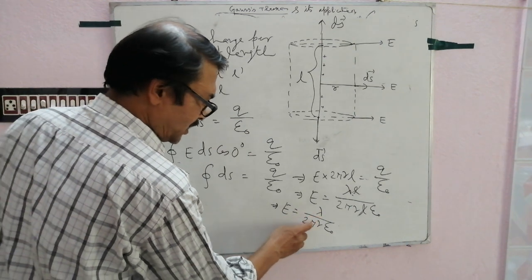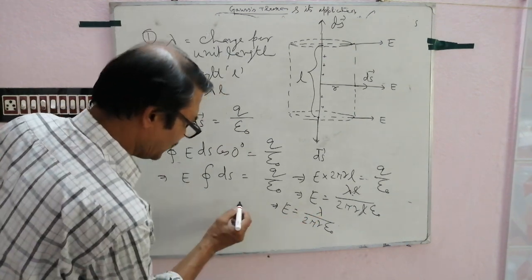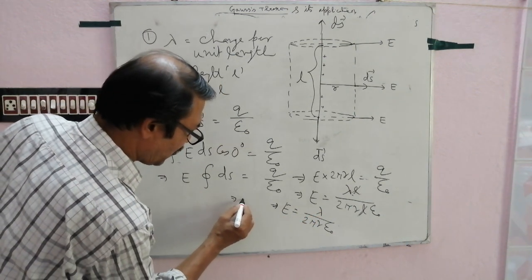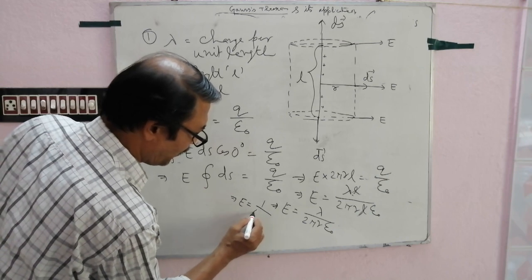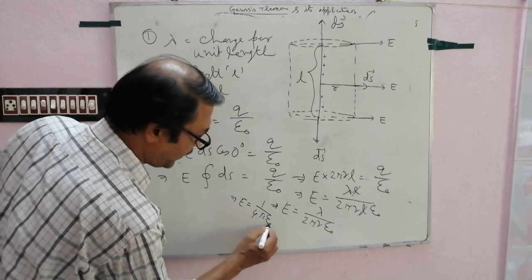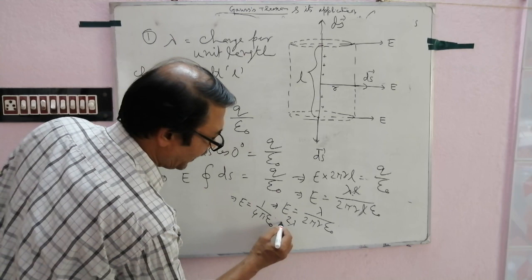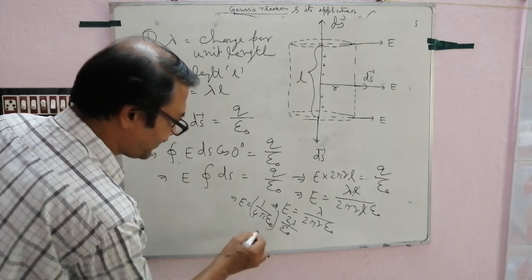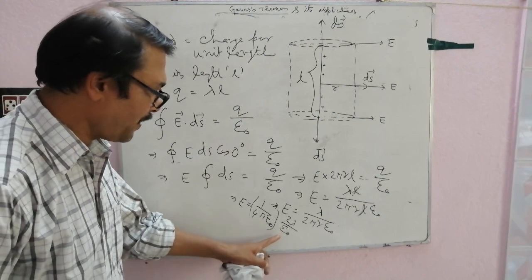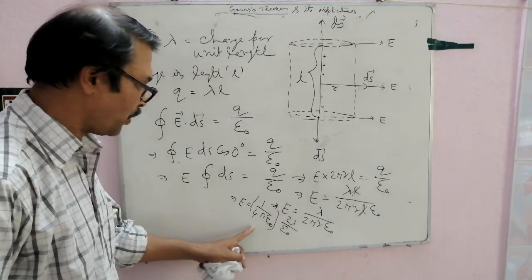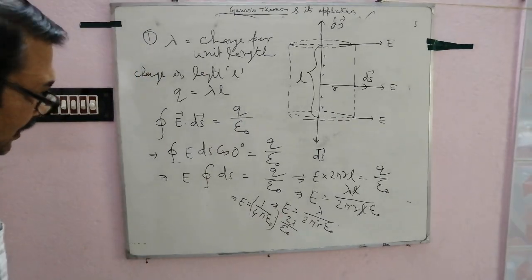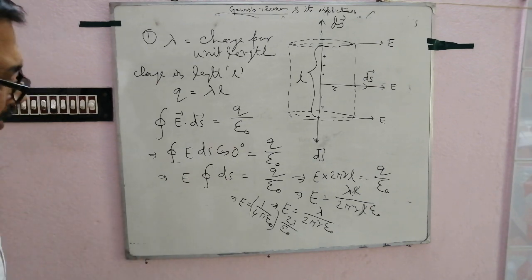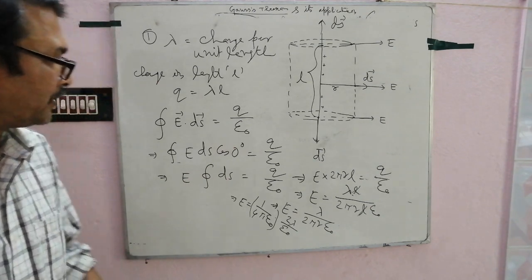Here, if we place 4 pi epsilon naught, follow, E equals 1 by 4 pi epsilon naught times 2 lambda by r. This is the constant for the SI system in vacuum, 2 lambda by epsilon naught. So it is the same formula, but written in a different way. Okay, clear?